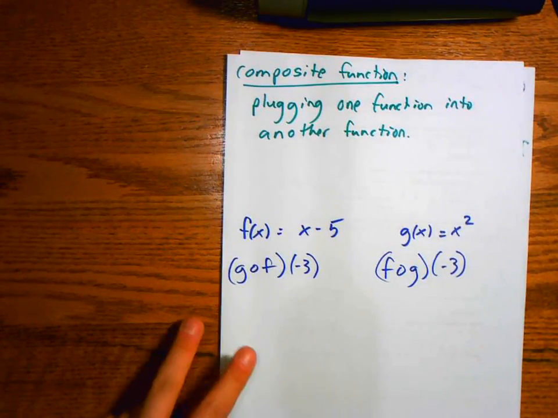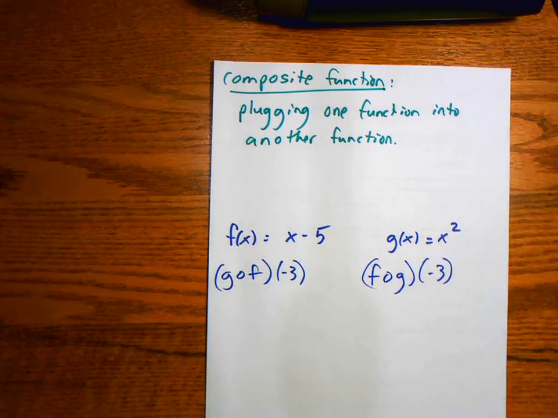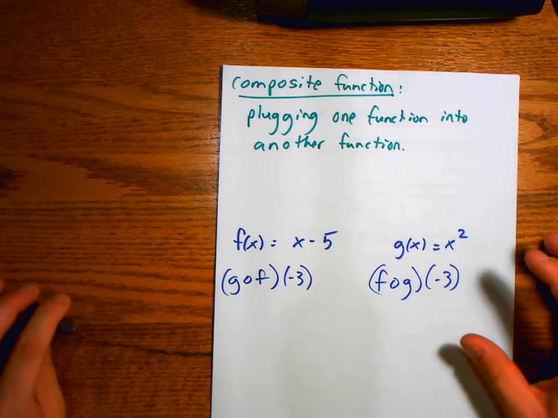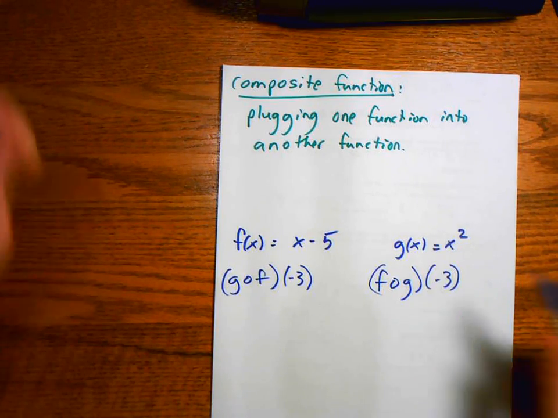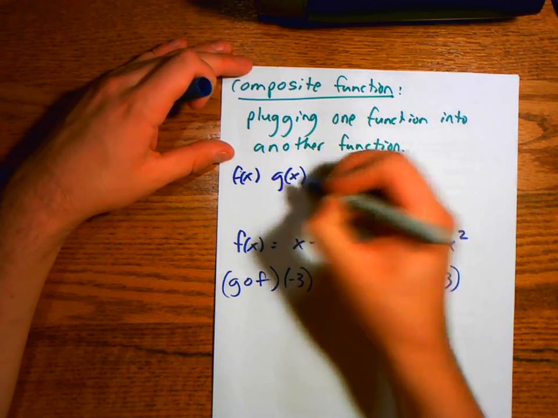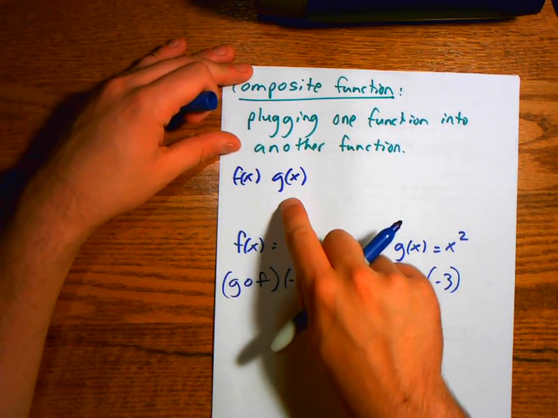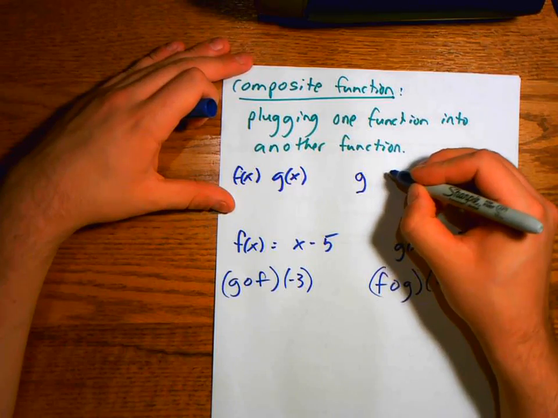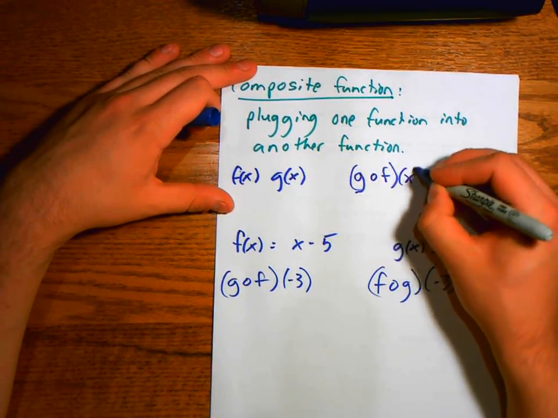Okay, so now moving on to the portion that my second learning target was talking about, and that's finding composite functions. A composite function is if you are taking one function and plugging it into another function. You still have your f of x and your g of x as two different functions. But let's say we want to plug our f of x into our g of x, it is now going to read like g of f of x.